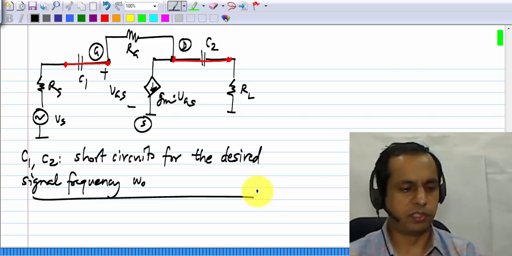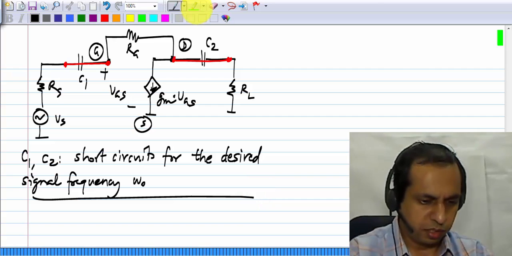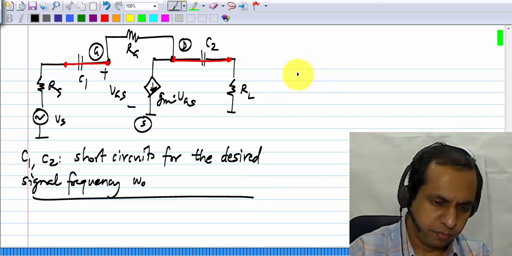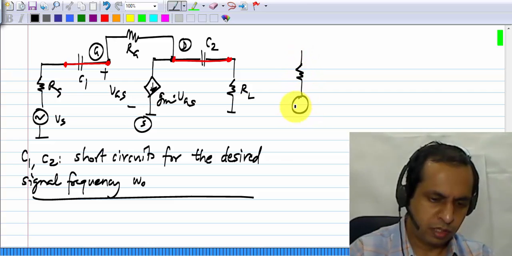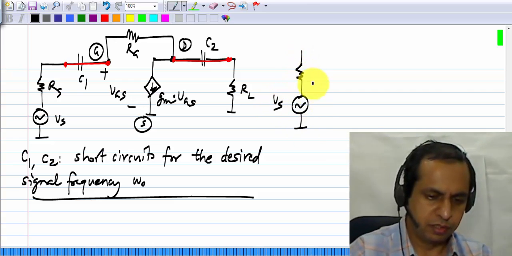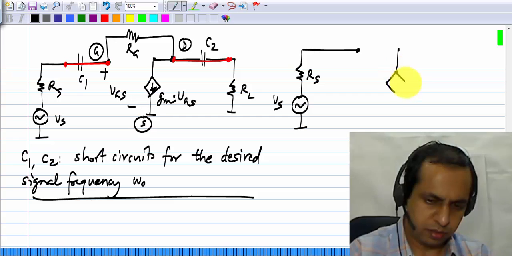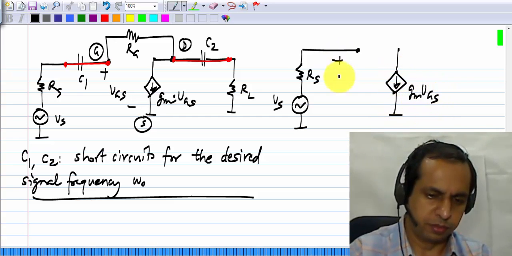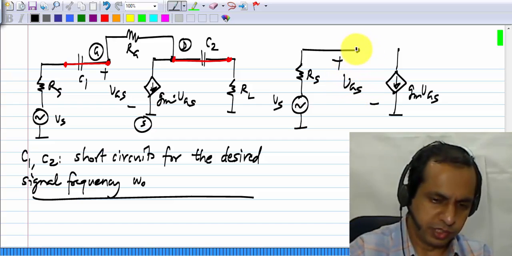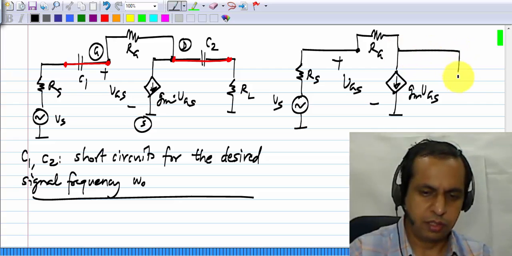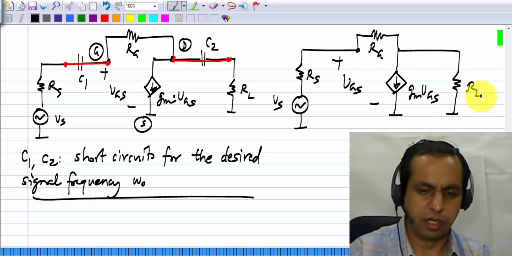We'll later see what constraints are. So the circuit we have is really simple. We have Vs, Rs, GM VGS, where this is VGS, RG, and the load resistance RL.